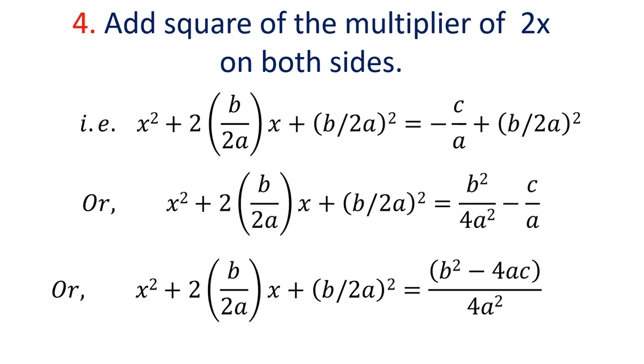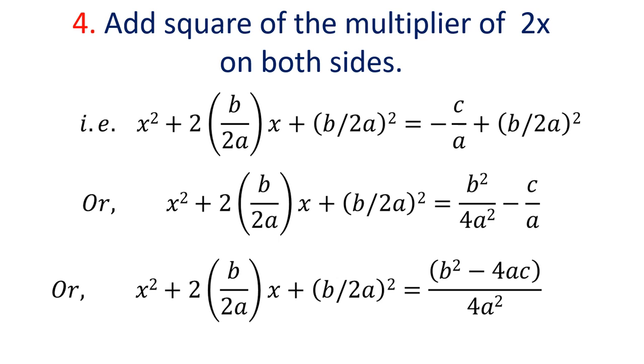Step number 4. Add square of the multiplier of 2x on both sides. As we have seen in the previous step, when you have separated the term containing x in 3 parts consisting of 2, x and the remainder, you add the square of that remainder on both the sides.